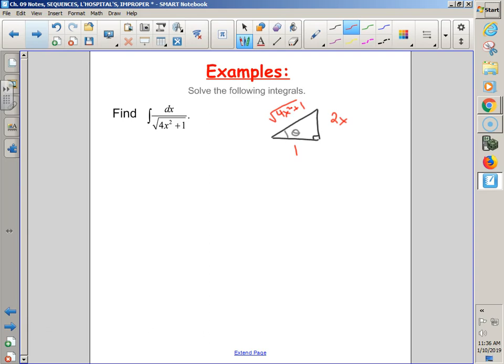So couldn't I set up some sort of expression like hypotenuse over adjacent? Is that secant? Couldn't I say that secant of theta is equal to that expression that I see down there?